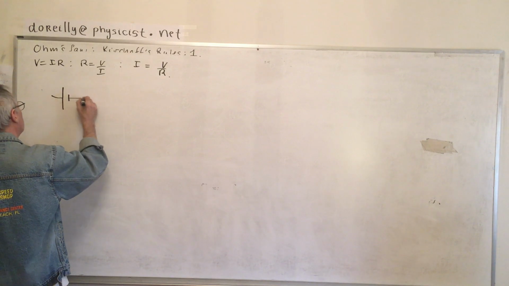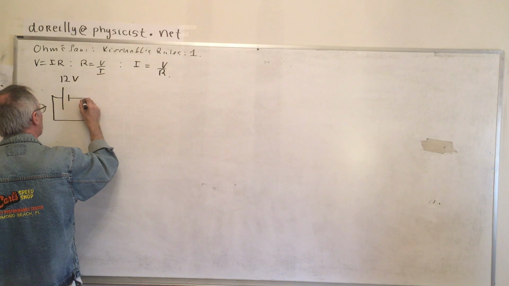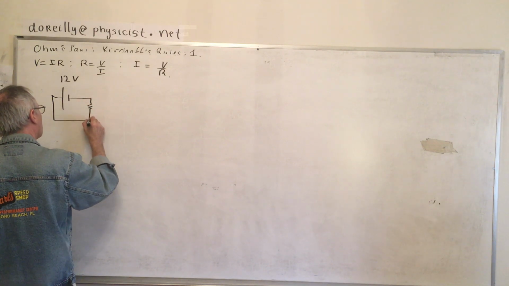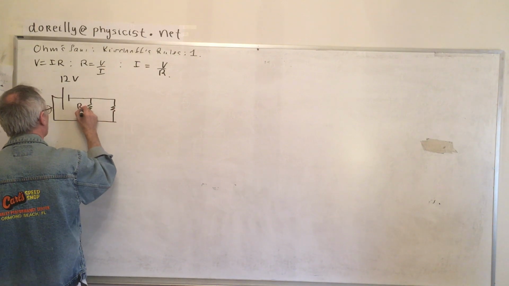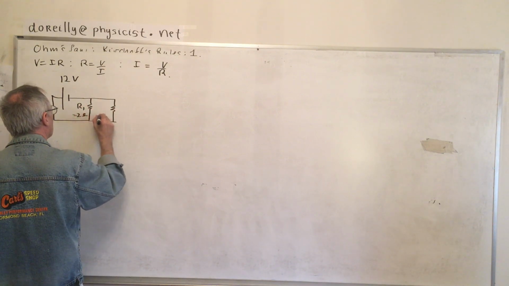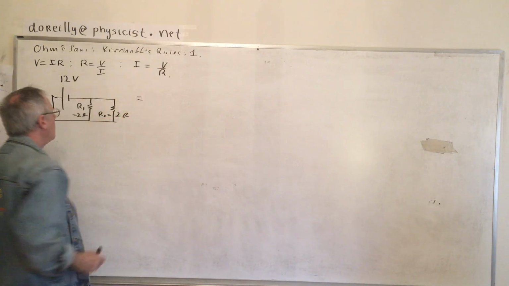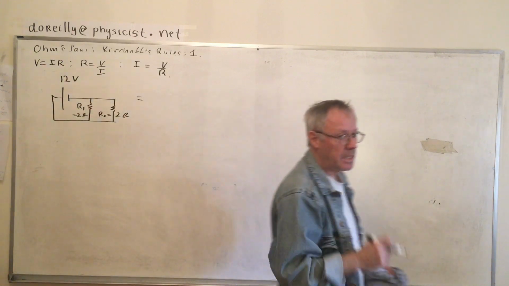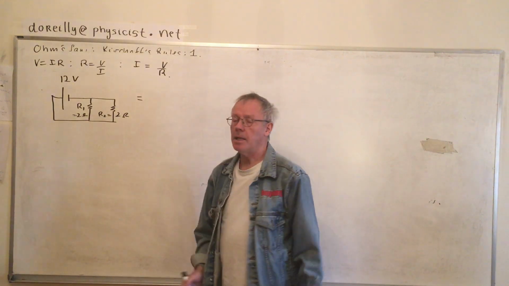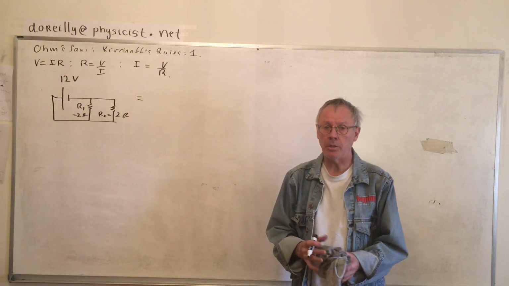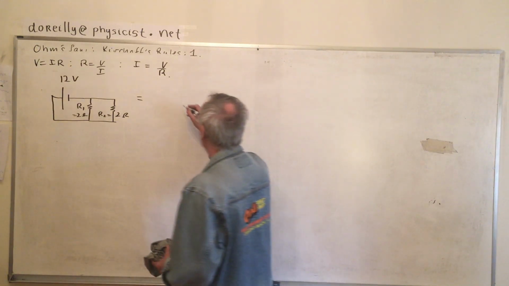We could do the same circuit. Now, we put the resistance looking like that, but to get a clearer picture of it, I want to draw it a different way. Very often, drawing the circuit in a clearer way gives you a better way of thinking about it and looking at the problem. These are said to be in parallel. What does that mean? Well, it means like this.